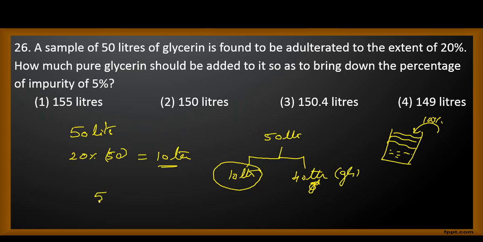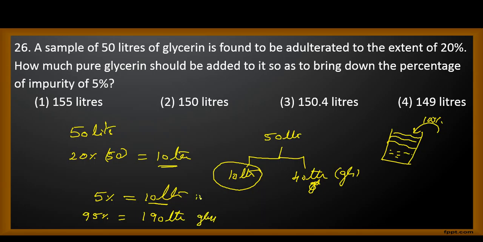So 5% is equivalent to 10 liters. I have to make these 10 liters as 5%. If 5% is equal to 10 liters, 1% is equal to 2 liters. Then 95% is equal to 190 liters. So this is 190 liters of glycerin.